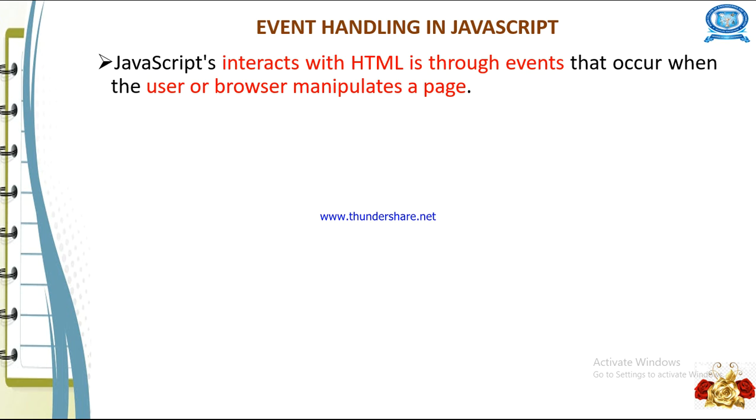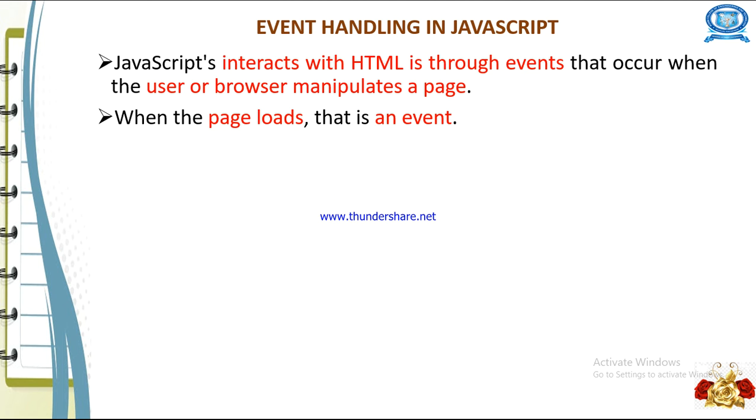Each and every movement is an event. Suppose you are clicking one page, opening a web browser and searching any website, or opening an email. These are all events. So JavaScript interacts with the HTML through events that occur when the user or browser manipulates a page.